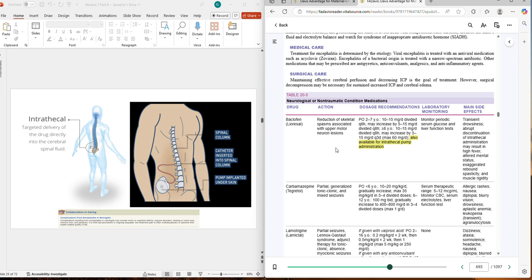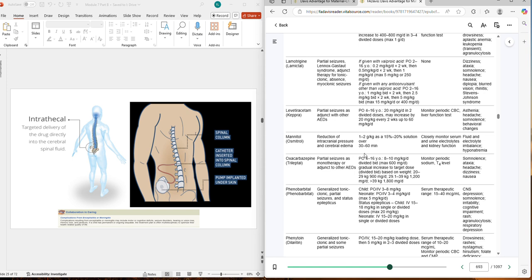They put the baclofen in this intrathecal pump, and it delivers directly into the cerebral spinal fluid, and it decreases that spasticity that can happen from seizures, can happen from meningitis, so it's important to know.